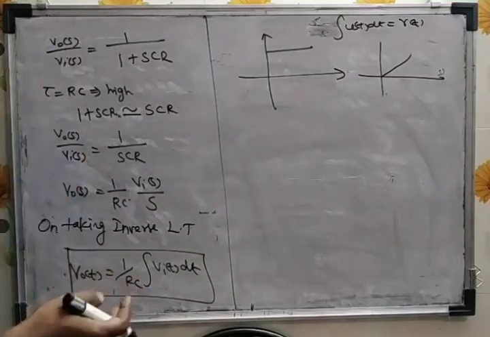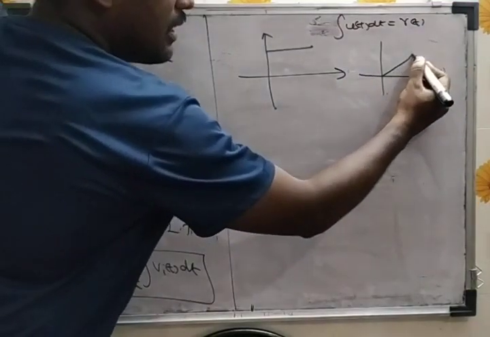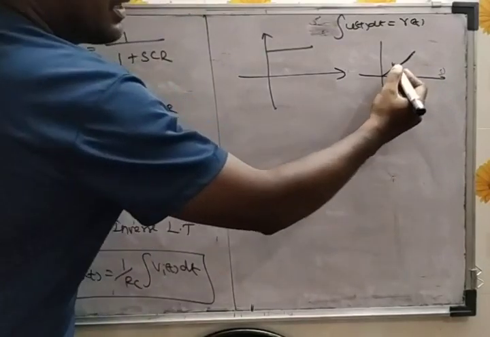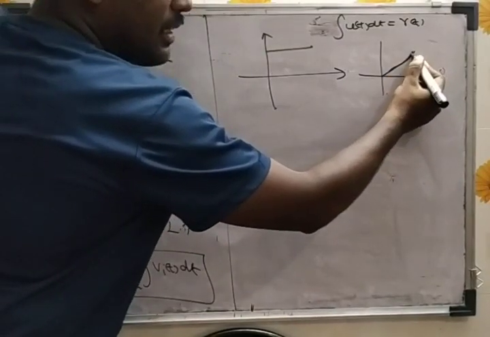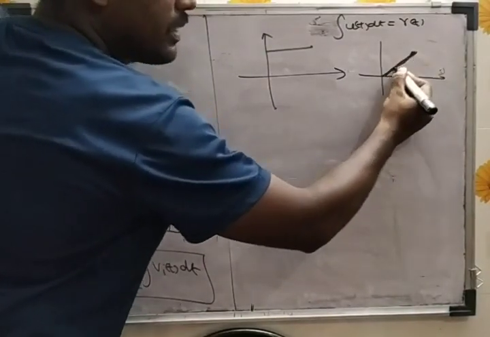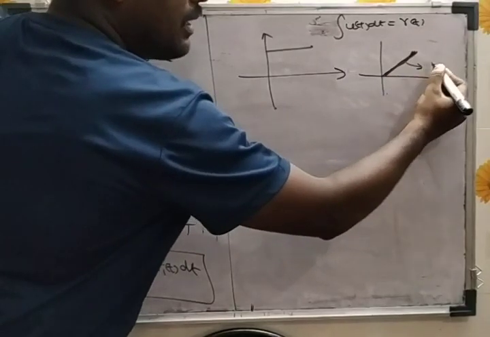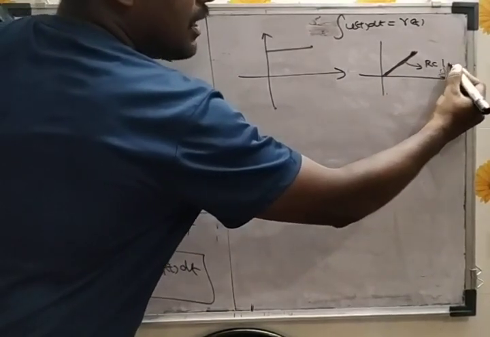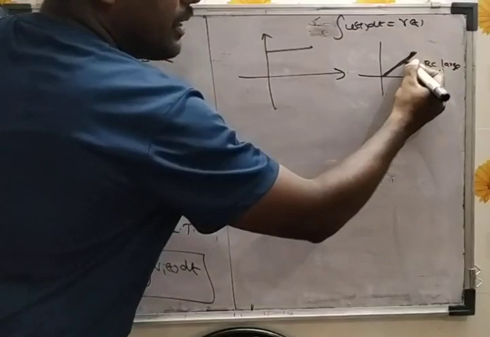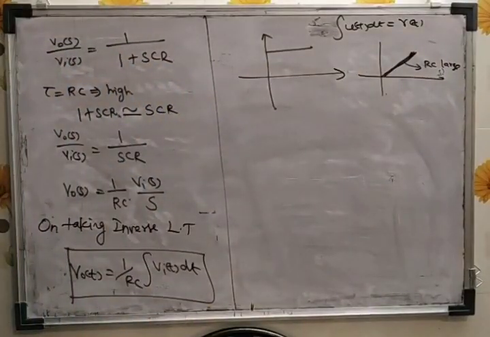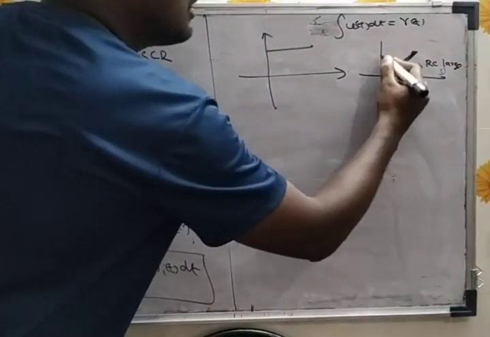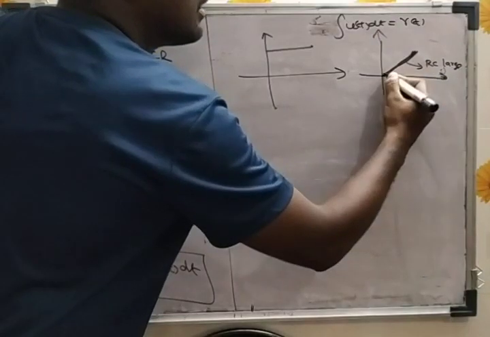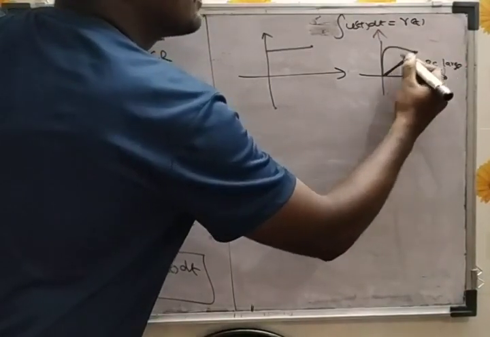If we set the time constant high, you will get this ramp slope. Only when RC is very large will you get a ramp signal. If RC is small, the discharging nature will be like this.